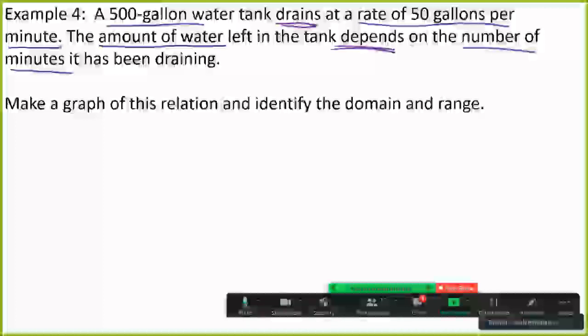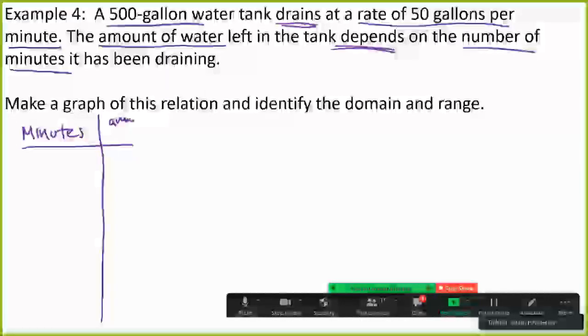So because those are both numbers, we can model them with math and a table. So amount of water is our dependent. Independent first will be number of minutes. So I'm going to just say minutes for our table, and then amount of water.